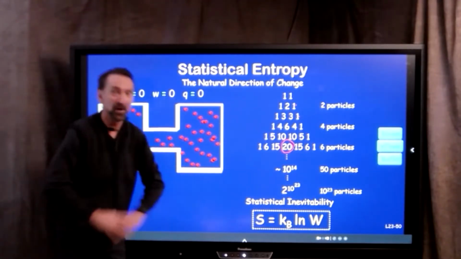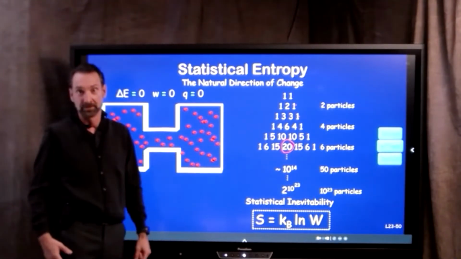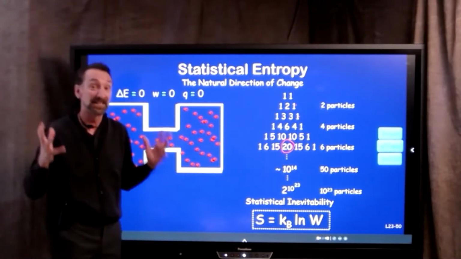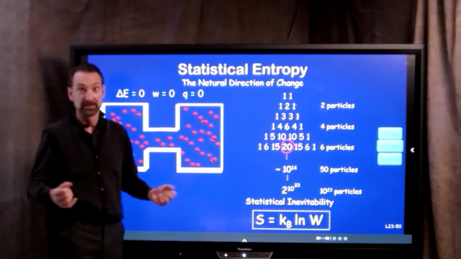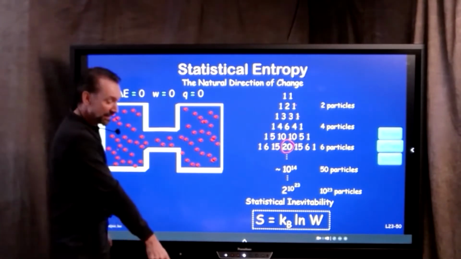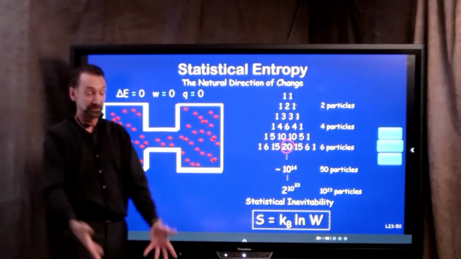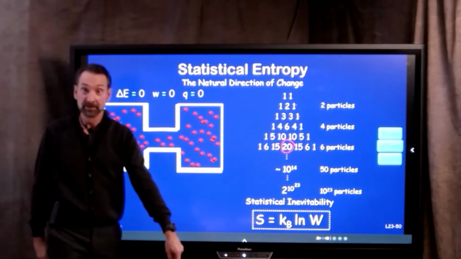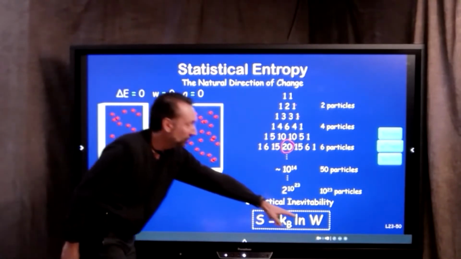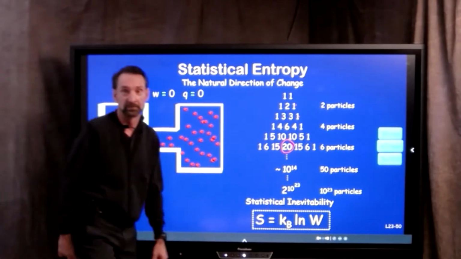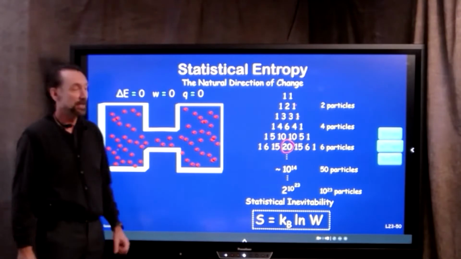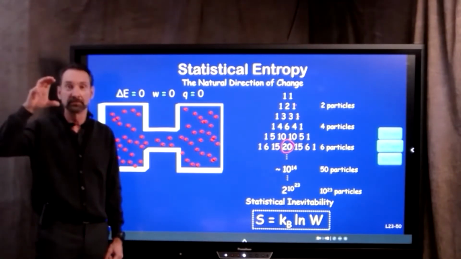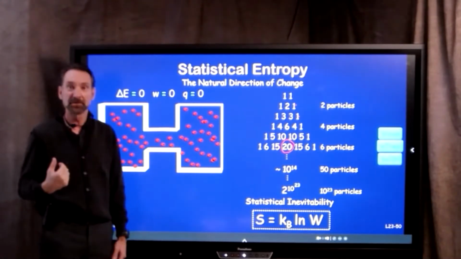The particles have to be moving around and exchanging systems or entropy doesn't even exist. So that was one state. I'll tell you there's billions of more states like that. But if we're only talking about that one, then natural log of 1 is 0. That has entropy 0. This state, there was only one way to do that. Natural log of 1 is 0. Those two states have the same entropy.